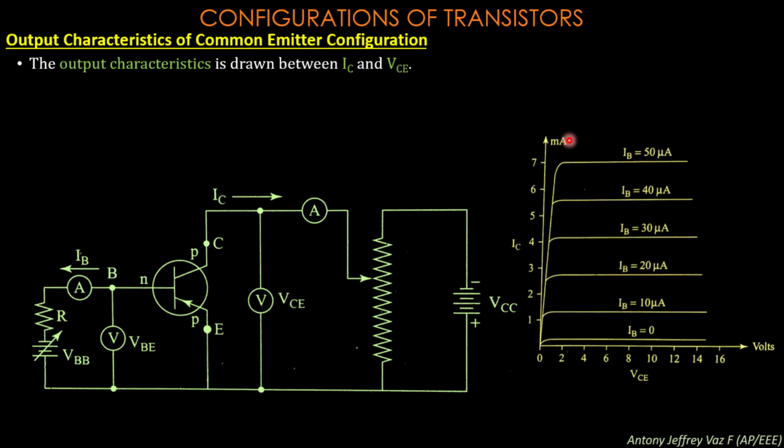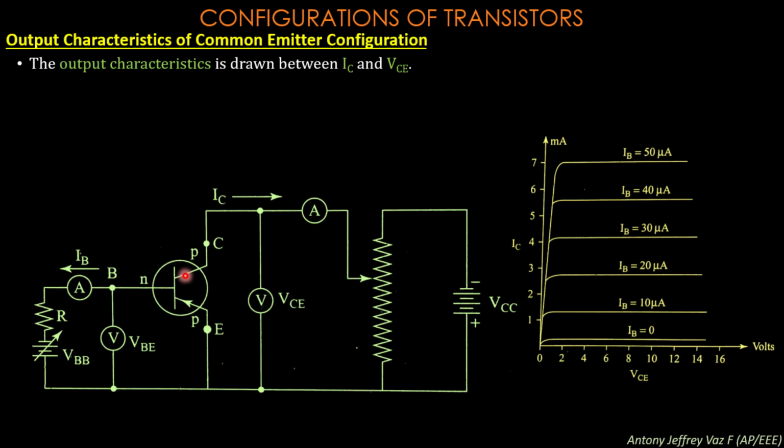Next, when we move to the output characteristics, you may see the output characteristics is drawn between IC and VCE. IC represents the collector current and VCE represents the voltage across the collector and the emitter terminal of the transistor.